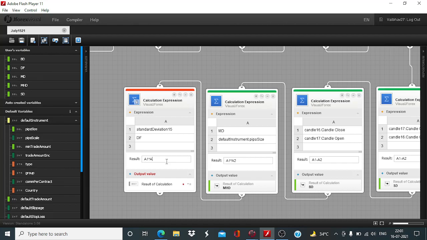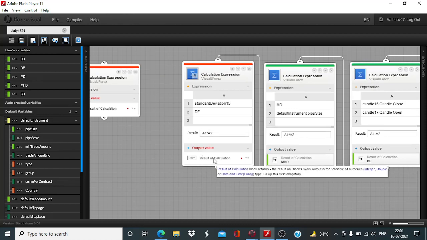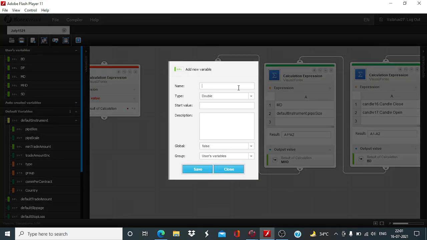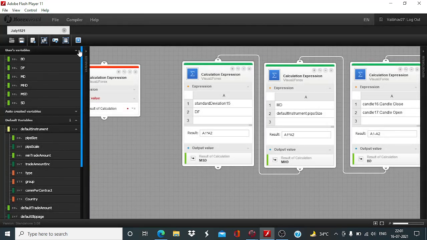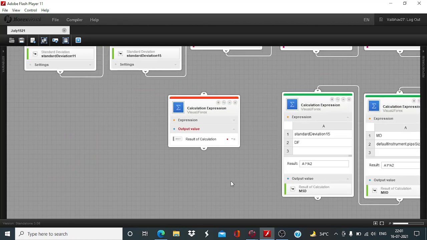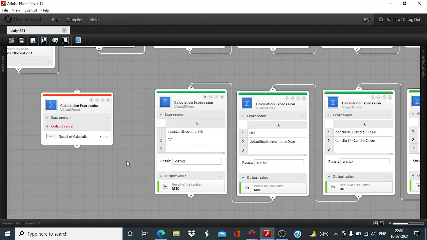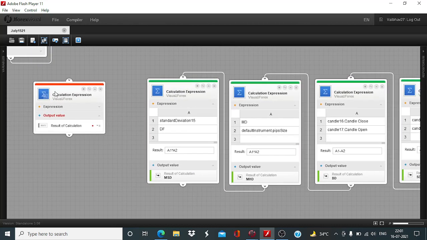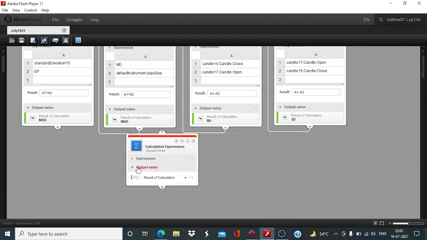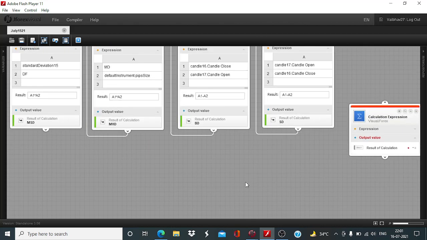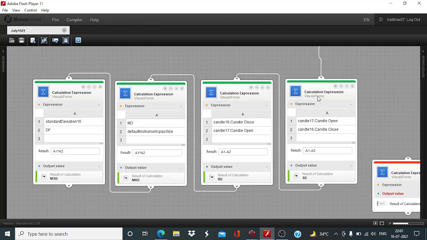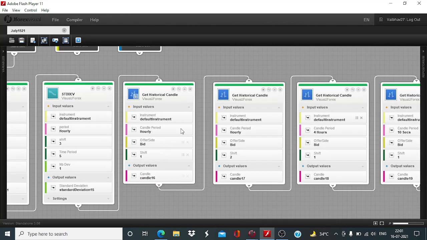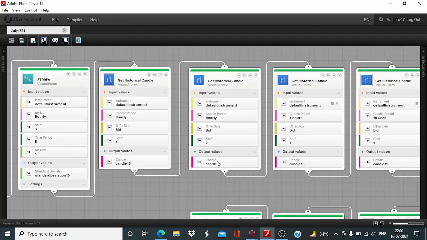A1 into A2, the standard deviation value is being multiplied by 2. For the buy order to be placed, we will have to take the difference of the last hourly candle and the penultimate hourly candle.